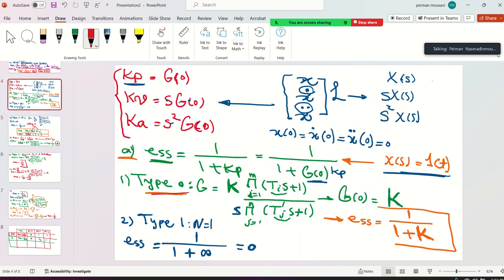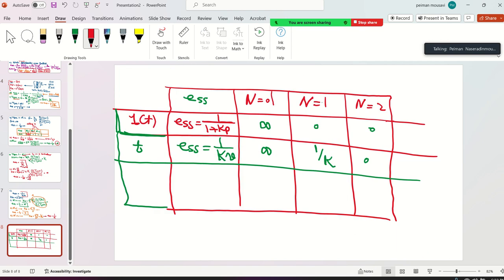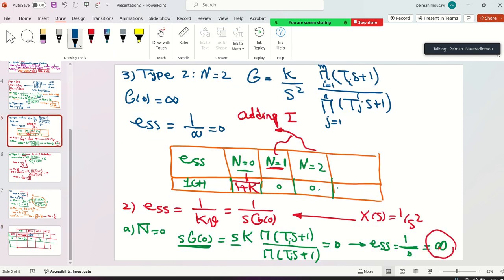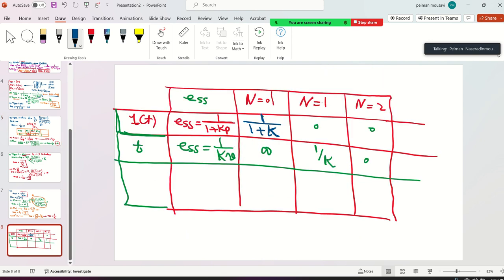See, for case A, type 0, let me change the color because this has meaning: 1 plus K, and then with type 2 added, 0 and 0. Yeah, this is good. Then we had the parabolic input, and the e_ss was 1 over Ka.